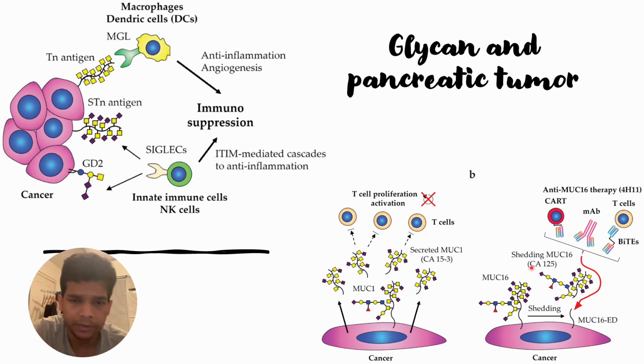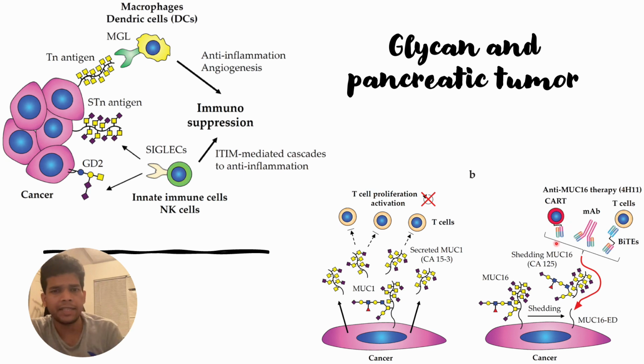These are the strategies mentioned in the bottom right corner: CAR T cells, monoclonal antibodies, and T cells with BiTE antibodies, which have different single chain fragments and also an antigen that can detect the MUC16 ED.